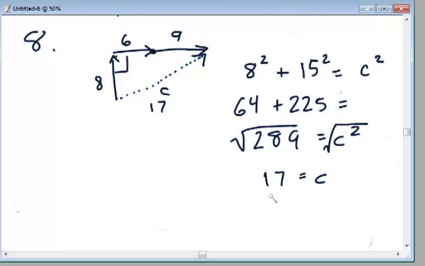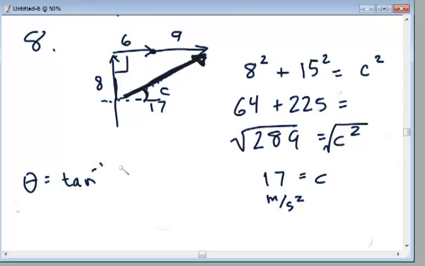And then what about the angle of this guy? 17 what? 17 meters per second squared, I guess, because everything else was. What about the angle? So what is that angle? Well, that's a first quadrant vector. It's pointing in the first quadrant. It looks like it's less than 45. We can put a little coordinate system at its tail. We're seeking that angle. And remember, that angle we can calculate by the inverse tangent of the y part divided by the x part.